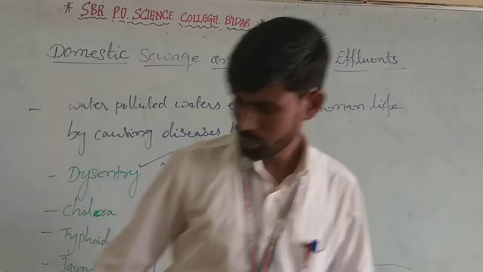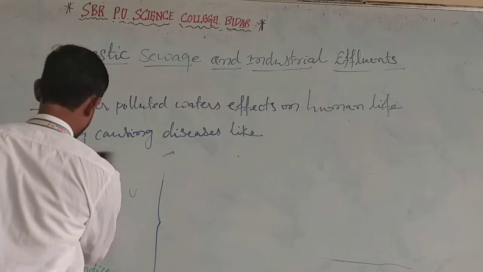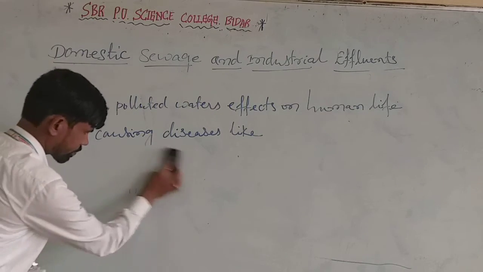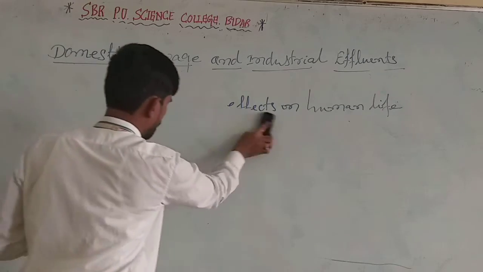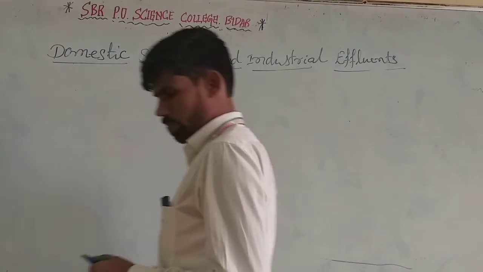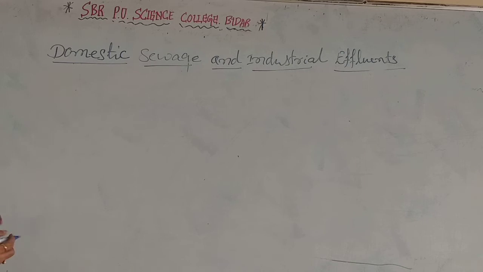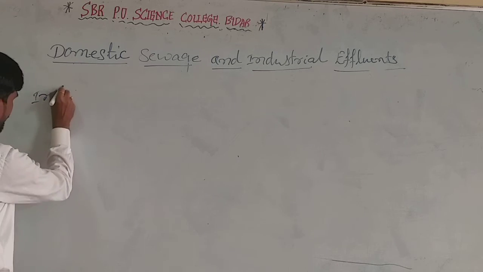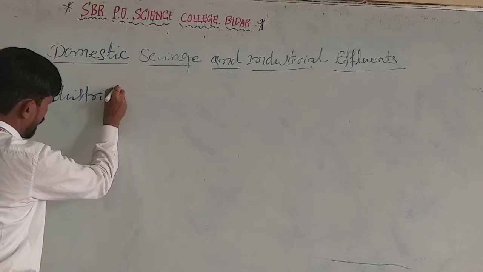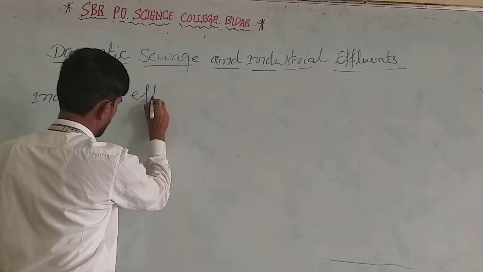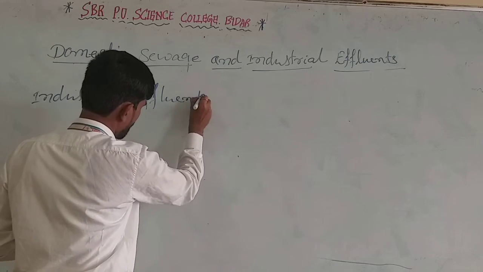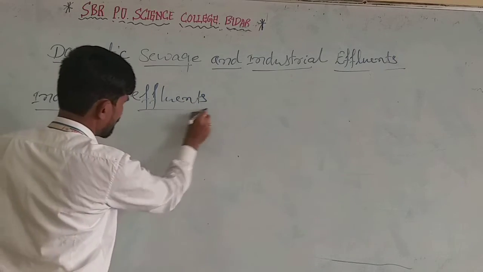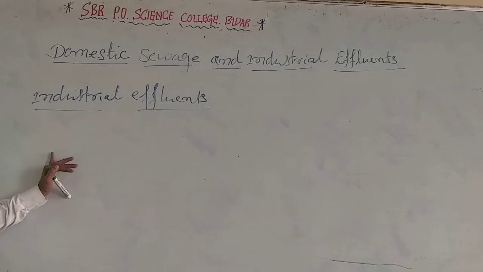Now, industrial effluents. From industry the pollution is coming. What is industry doing? It is creating pollution. They are using the water.